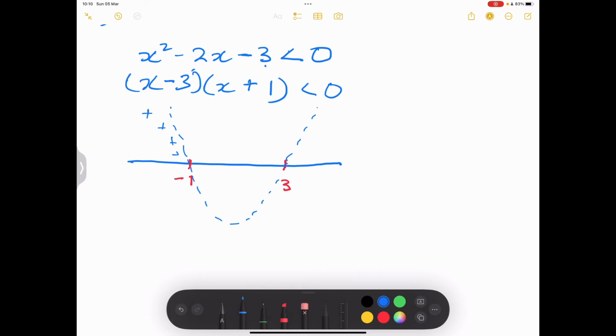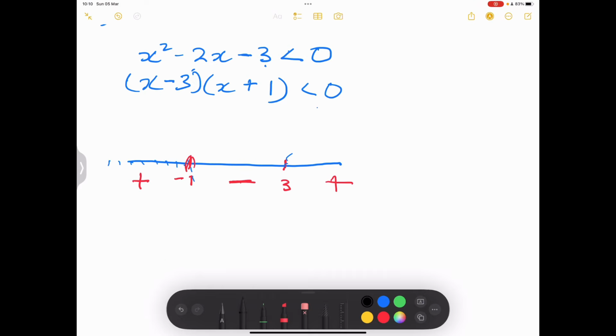So for x values from negative infinity all the way to negative 1, our graph would be positive. I just want to remove this here so that we learn how to do this without necessarily having to draw this. So all you're simply going to do is that this is going to be positive here, this is going to be negative there, and that's going to be positive there. So what does this mean?